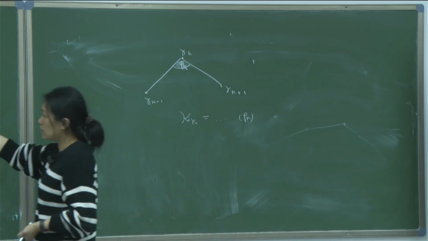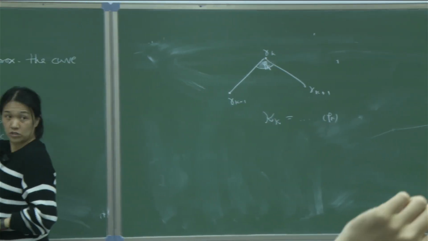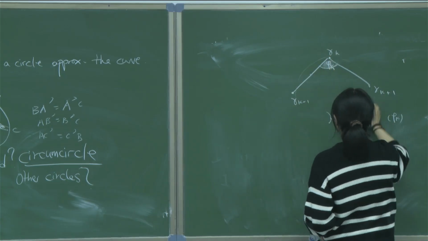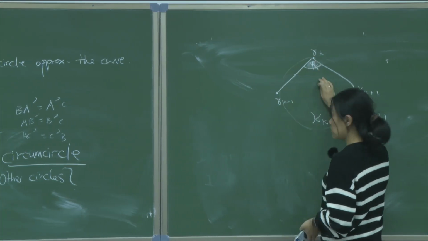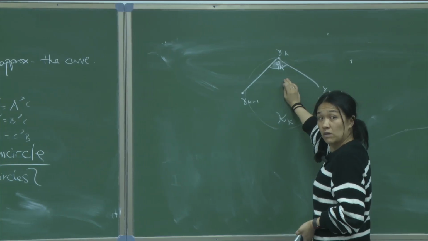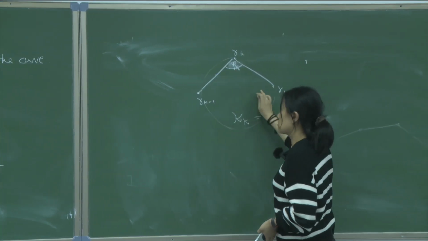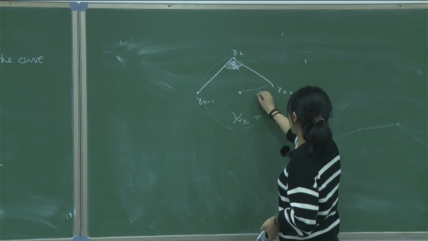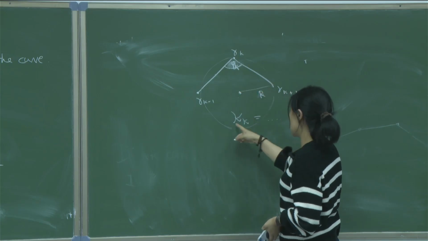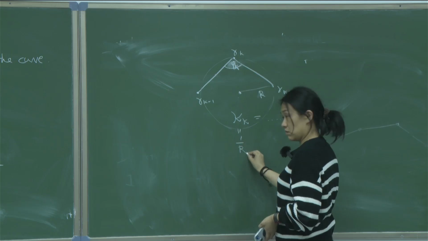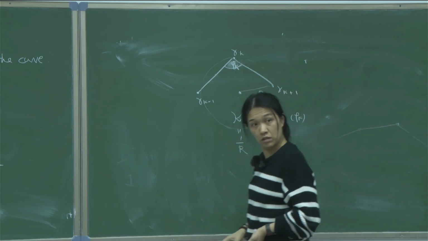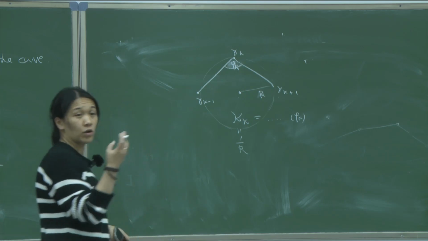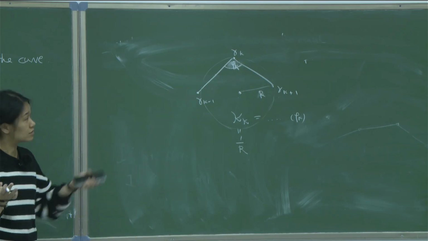What we need is to compute the radius of the circle, and maybe make assumptions, maybe not, on the edge length, and compute R. The idea is that kappa should be 1 over R, right? Then tell me whether there are other circles as well. This is not the unique choice, right?